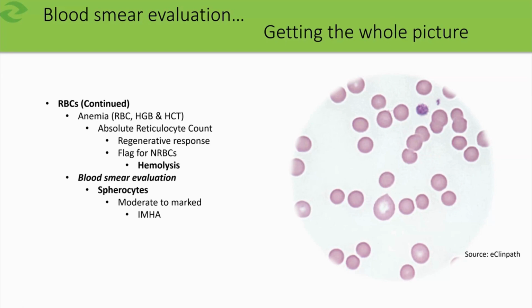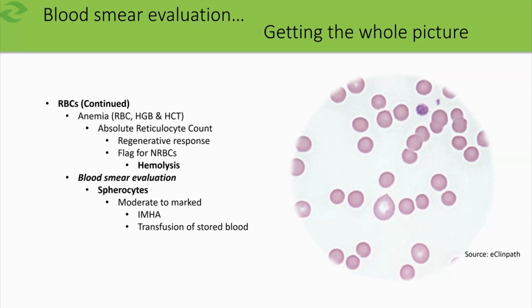Sometimes with transfusion of stored blood, and really stored blood of any duration, spherocytes will start to form in that stored blood. So be aware that if you are transfusing a patient, especially a patient with IMHA, that you potentially will have introduced spherocytes into that patient.